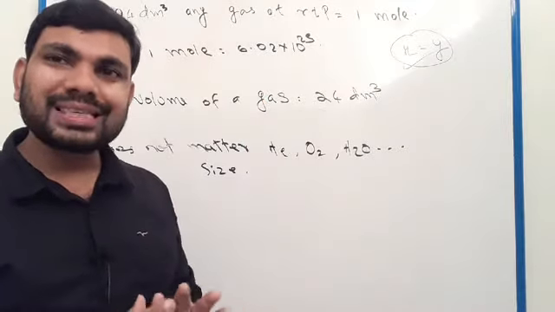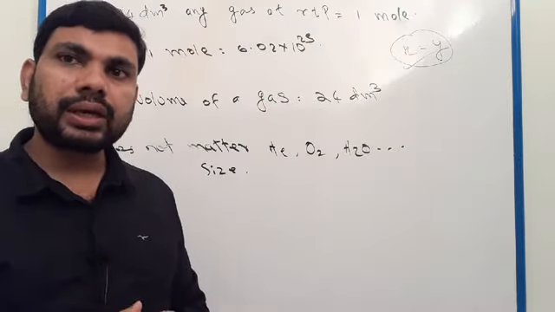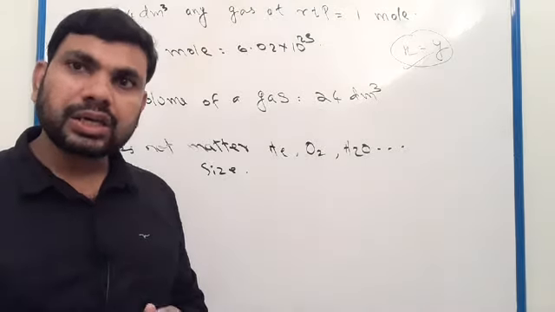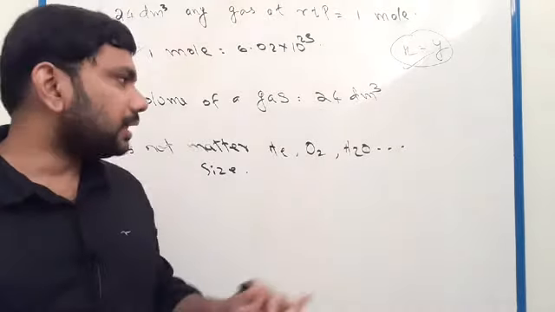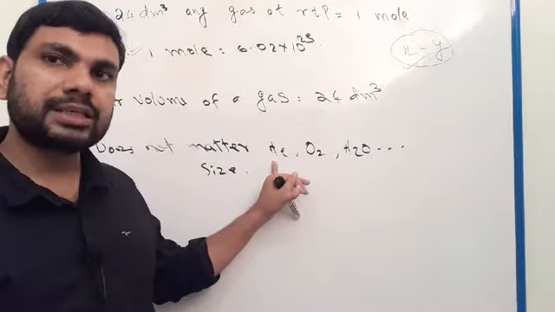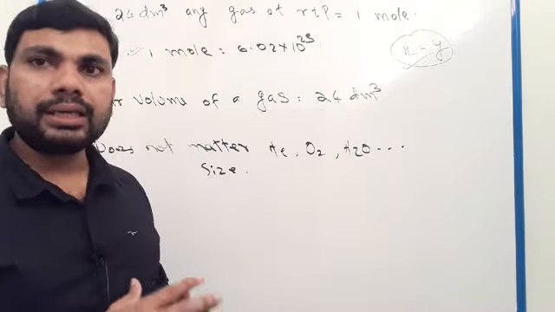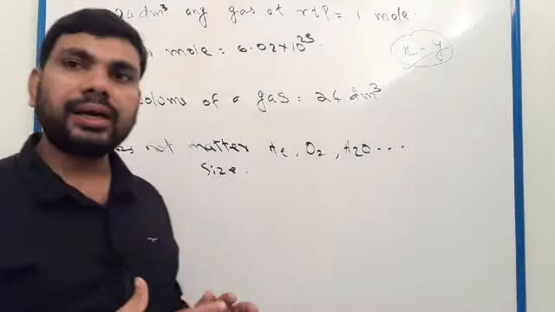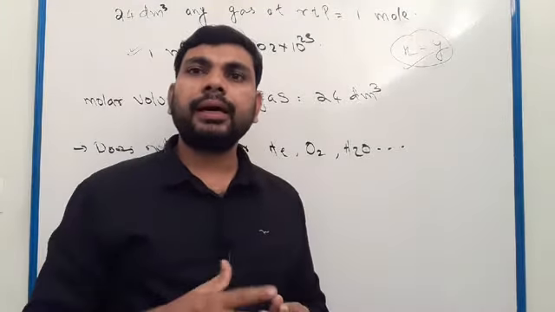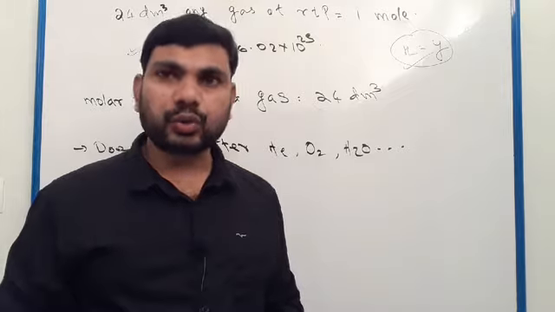So it does not vary with the size of the particles. Large molecules, small molecules, diatomic molecules, monoatomic atoms, every gas follows the same rule. It was experimentally proved by one scientist we discussed, Avogadro. Clear?